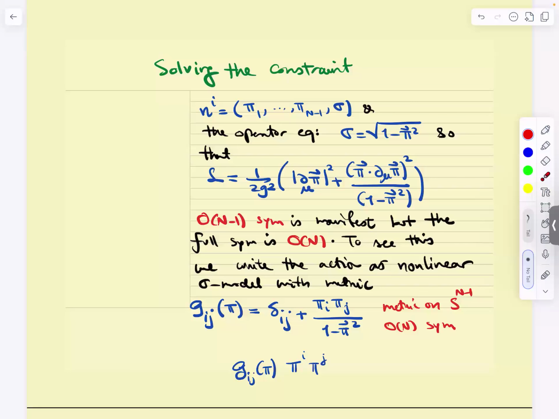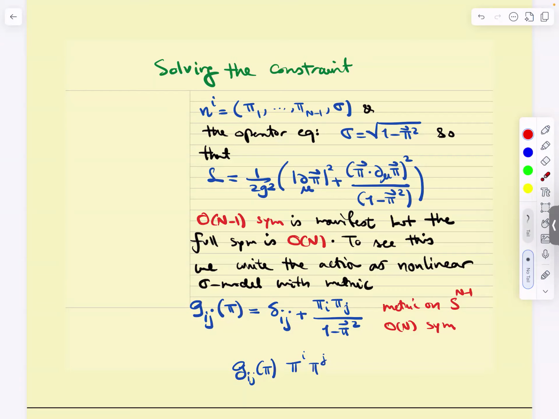It's del_mu n_i, del_mu n_i, right? And then I have the first N-1 components. They're going to look like del_mu pi_i, del_mu pi_i. So this is a linear sigma model for O(N-1). Now, the nonlinear term, I should write down del_mu of sigma, del_mu of sigma. But what is sigma? Sigma is the square root of 1 minus pi squared. Take derivatives, plug it in there to find that action.